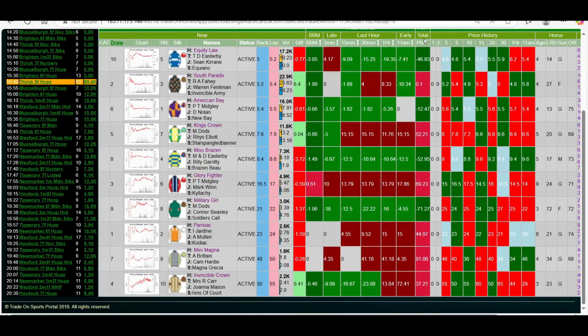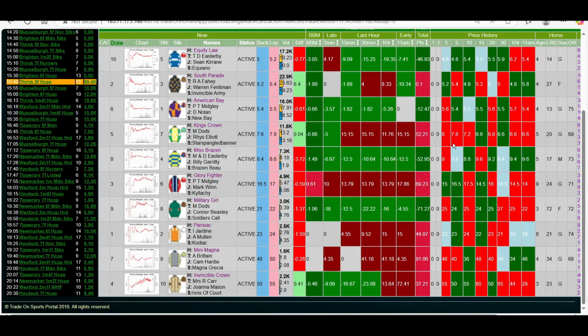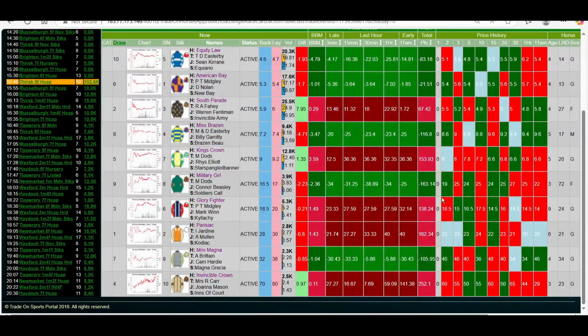So if you do get a situation where it's 2 minutes to start, it's a 2-minute call. If you get a serious delay at the start, there's 2 things you can do. You can either keep an eye on the Betfair odds on the horses, because they will freeze after this 1-minute mark, and you'll sometimes see a move for a horse in a delay, or if it's delayed, just throw that race away and go to the next one.